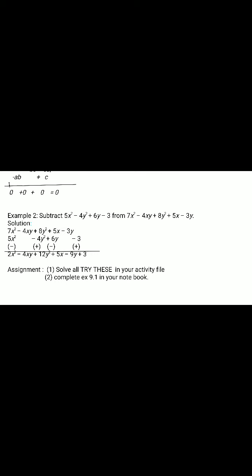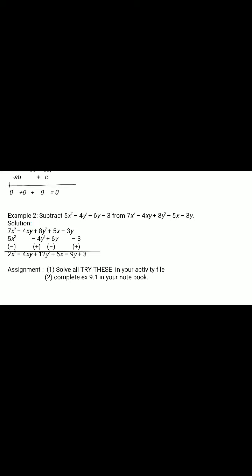Then plus 5x minus 9y: how? Minus 3y minus 6y gives you minus 9y. 5x is an unlike term, so it stays as it is, 5x minus 9y, and 3 is plus 3. So we change the sign of the subtrahend.